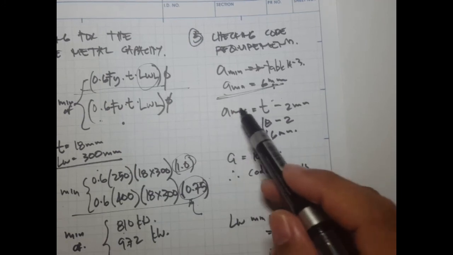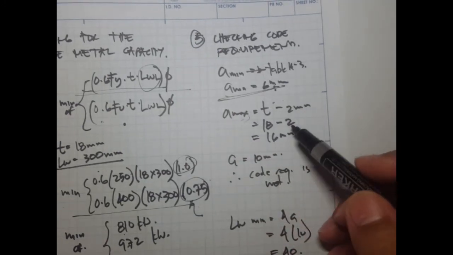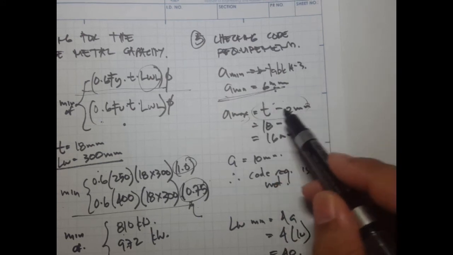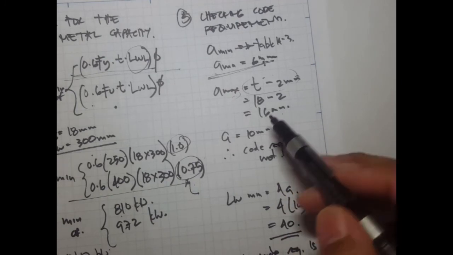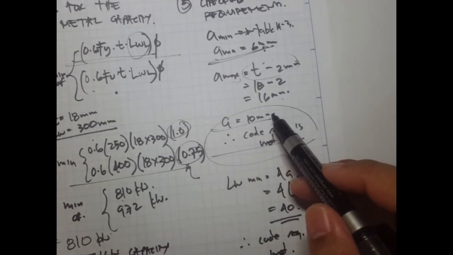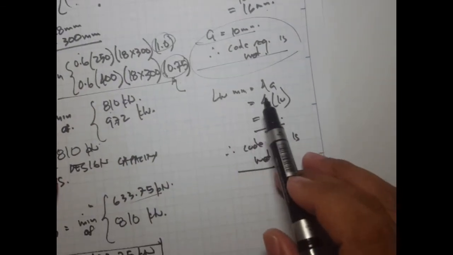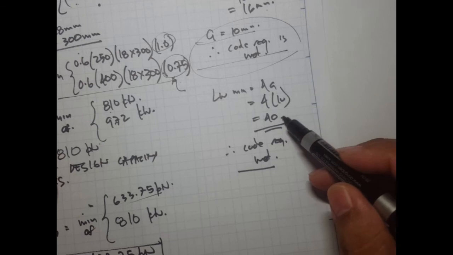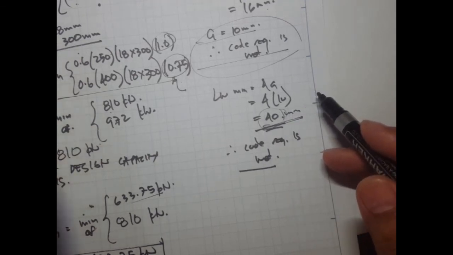And then for the maximum, A max, since we have a thickness greater than 6 mm, our equation is t minus 2 mm. We have 16 mm. Now, the code requirement is met since our weld size is within that range. And that's in between. Now, for the minimum weld length, we have 40 mm, and we have a way longer weld length in the problem.